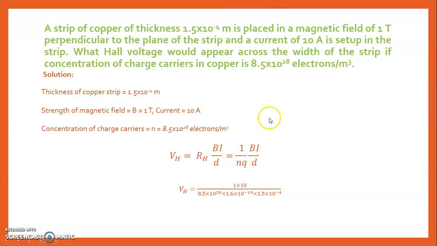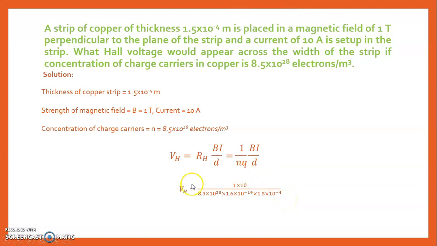So by substituting these, we know B is 1 Tesla, I is 10 ampere, so it is 10. Then N is 8.5 into 10 raised to 28. Then the value of E is 1.6 into 10 raised to minus 19, and the thickness of the strip is given as 1.5 into 10 raised to minus 4.